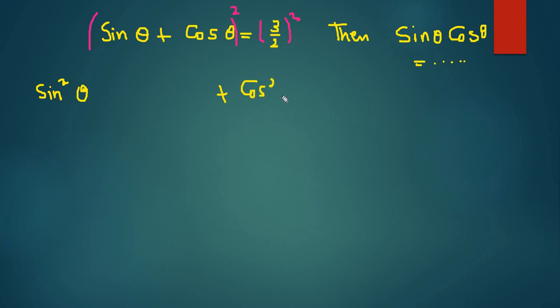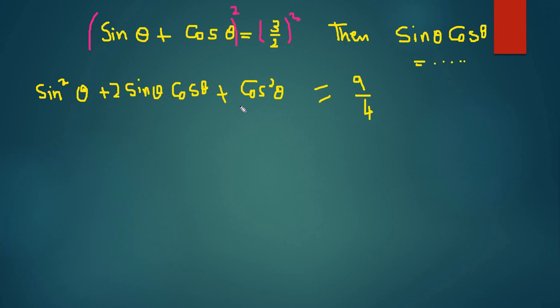Put the same sign, then the middle term is first by second by 2. The right hand side is 9 over 4.